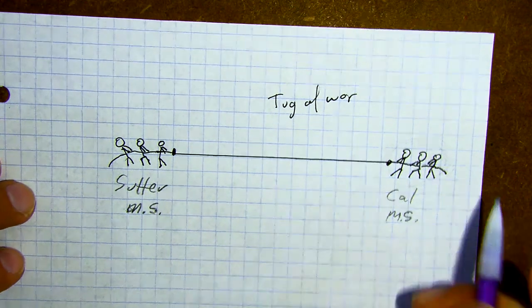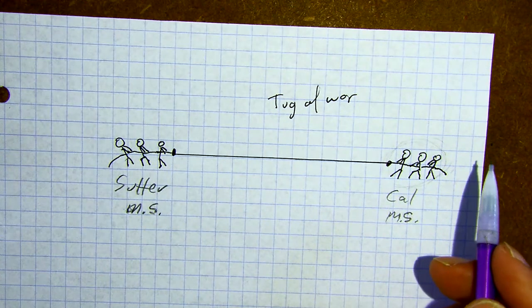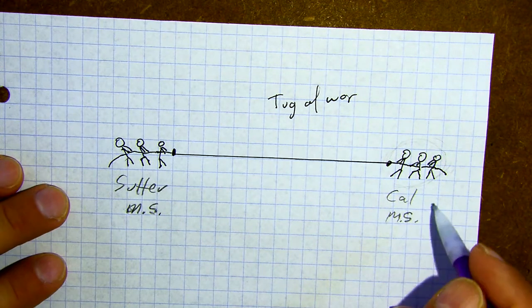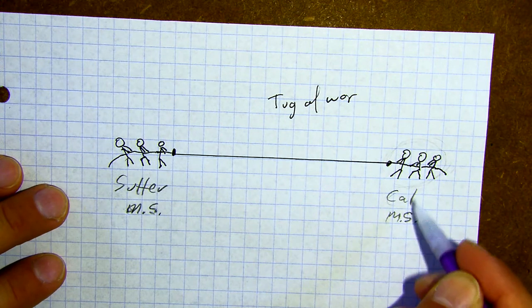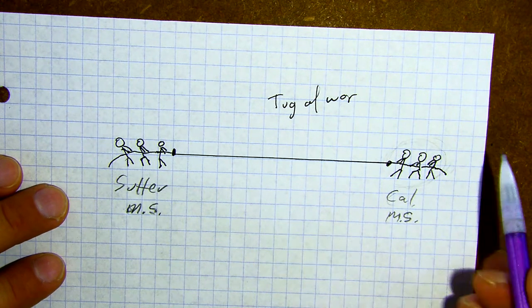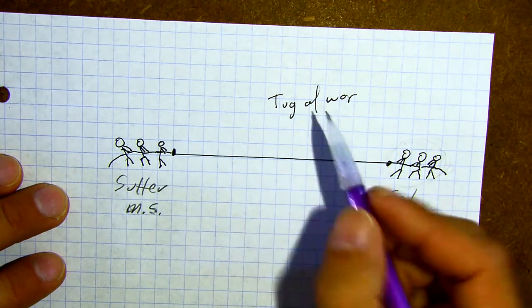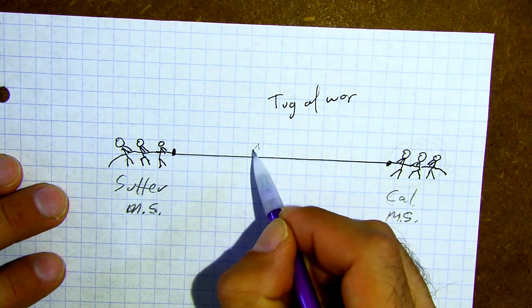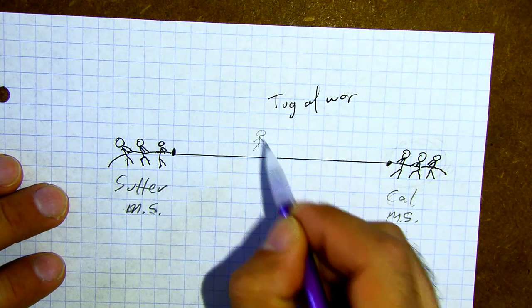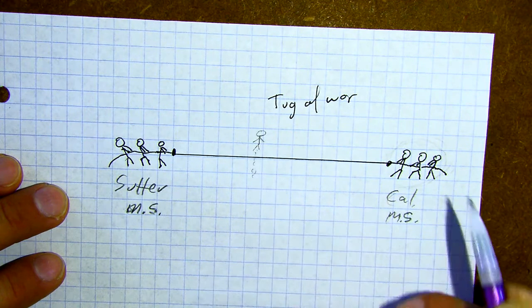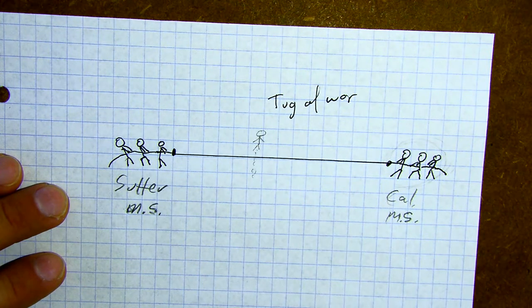Well, let's say you had a tug of war and your teachers were egging you on because they don't like the teachers maybe at Cal. But it's Sutter Middle School versus Cal Middle School. And the teacher in the middle is like, here is the middle. As long as you pull it past here, you win. Now, is this fair?